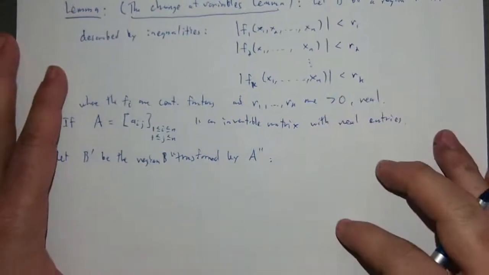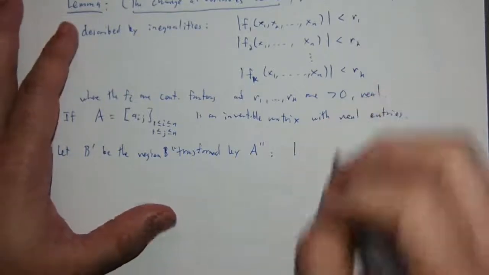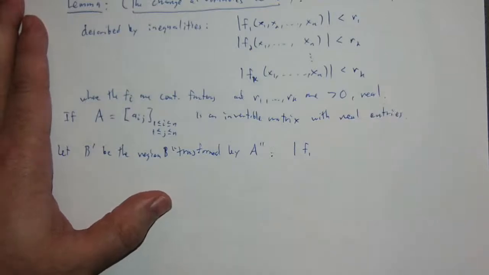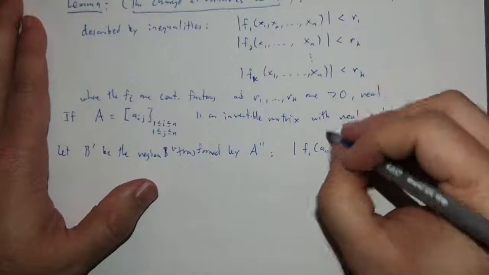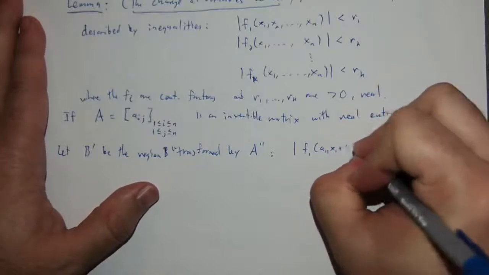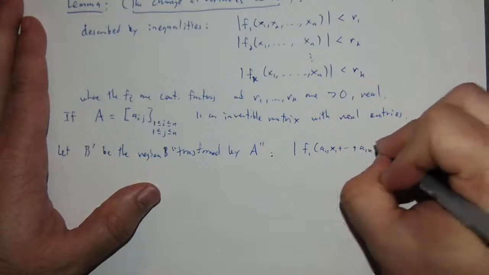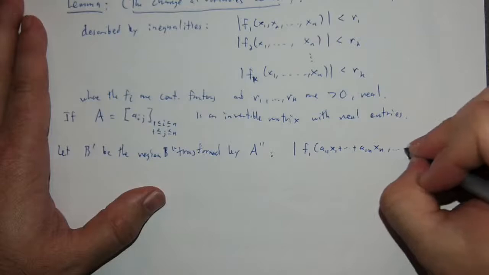So I took the region B, and the transformation I applied to it was in the arguments for these functions. So I have f_1 of a_11 x_1 all the way through a_1n x_n, and I do that in every single slot.